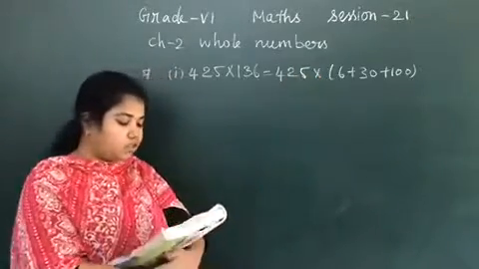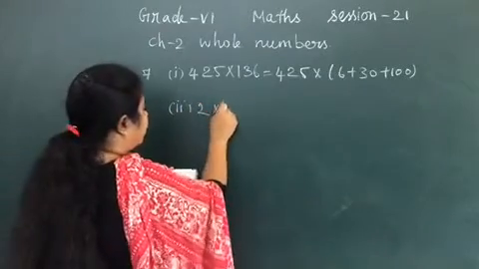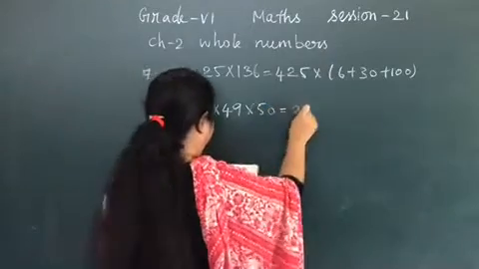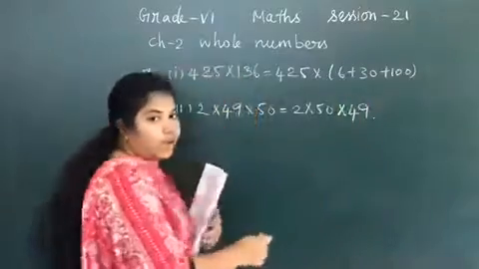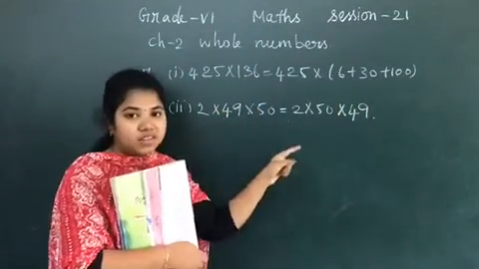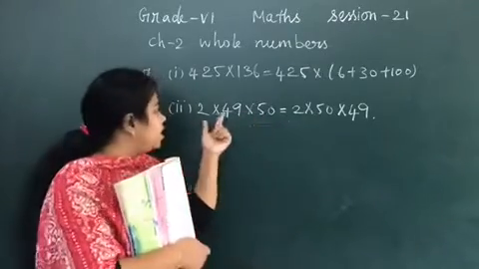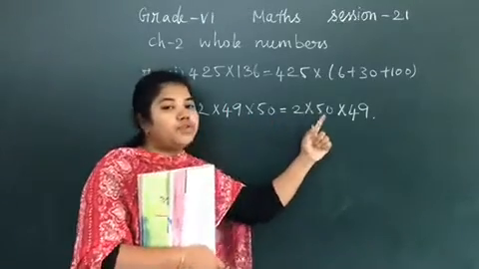Now see the next one. 2 into 49 into 50, which is equal to 2 into 50 into 49. Now I told you what is commutative property: changing of the places A to B and B to A. A plus B is equal to B plus A. Here you see 2 into 49 into 50 is equal to 2 into 50 into 49.